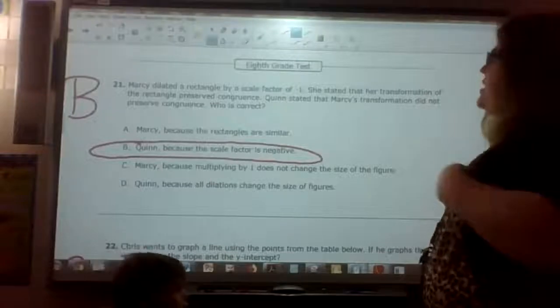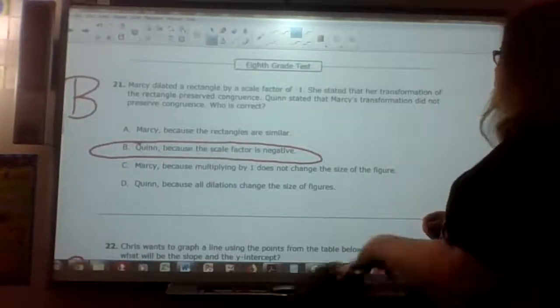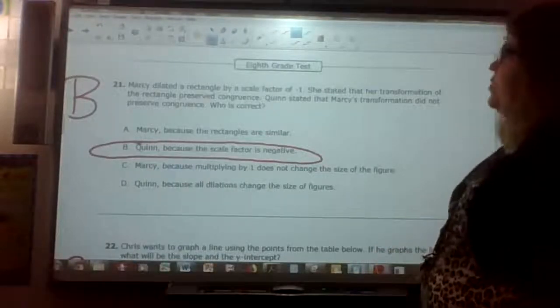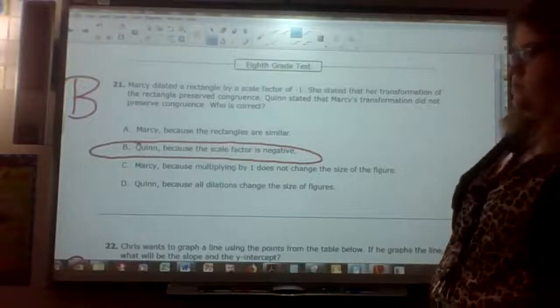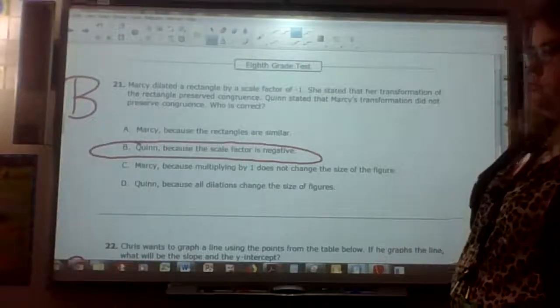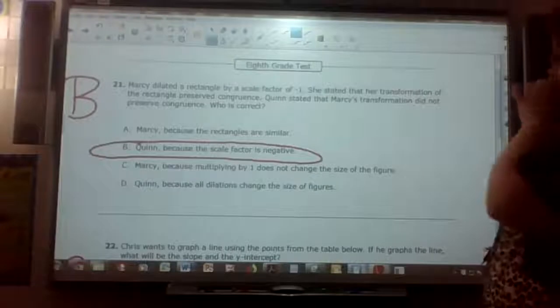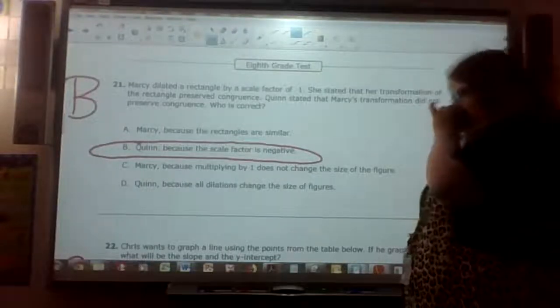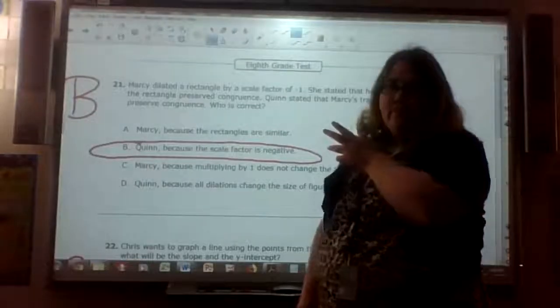Marcy dilated a rectangle by the scale factor of -1. She stated that her transformation of the rectangle preserved congruence. Quinn stated that Marcy's transformation did not preserve congruence. Who is correct? Dilating means you're multiplying.